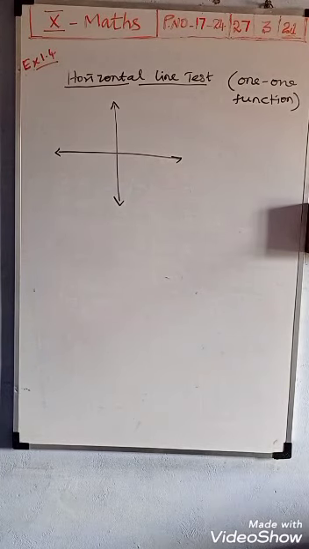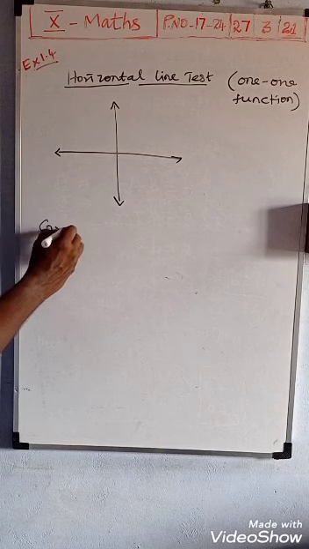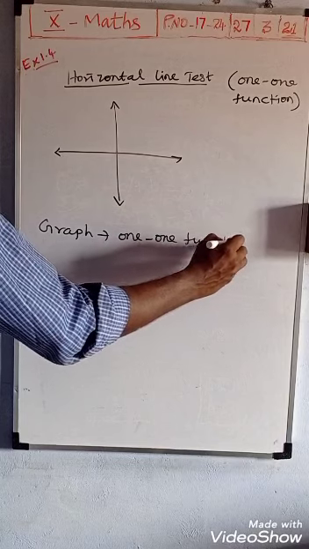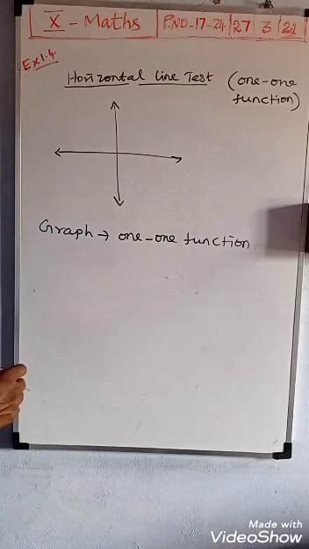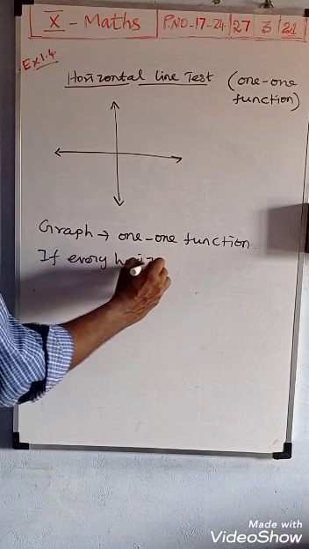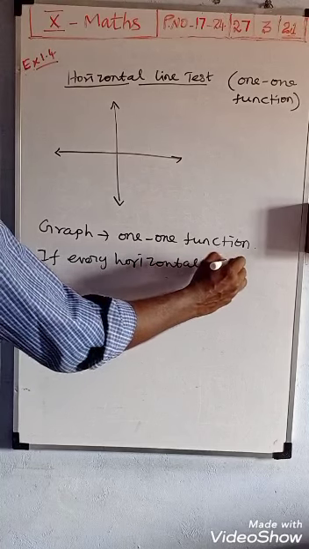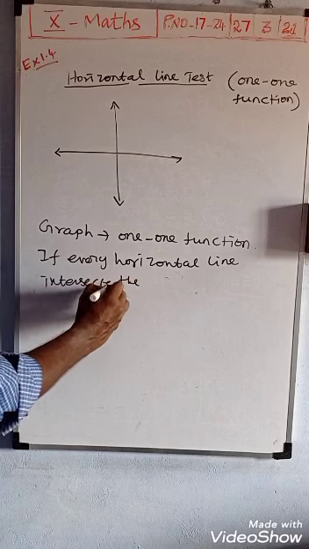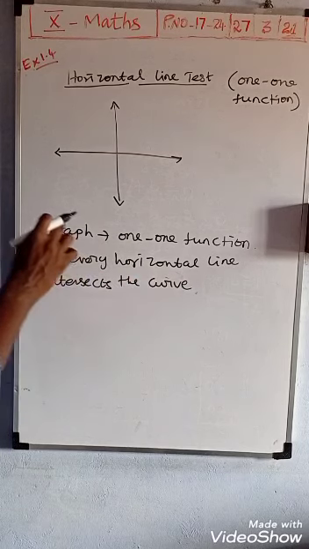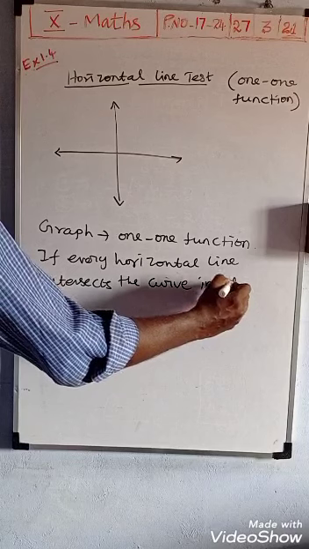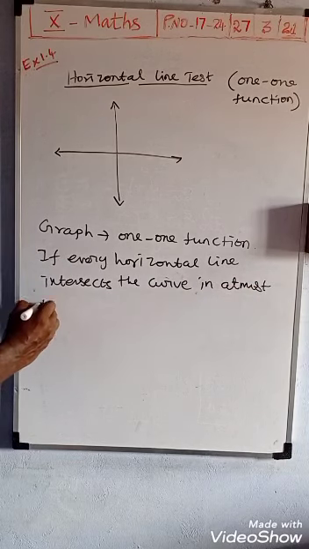What is the definition? A function represented by a graph is a 1-to-1 function if every horizontal line intersects the curve, that means the graph, in at most 1 point.